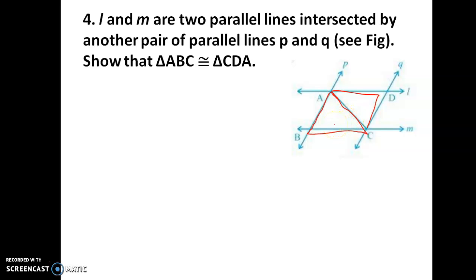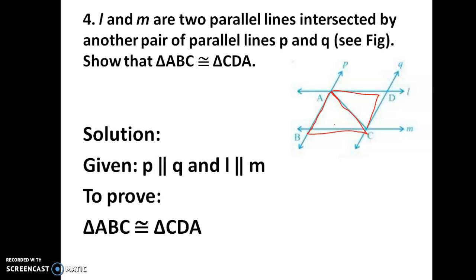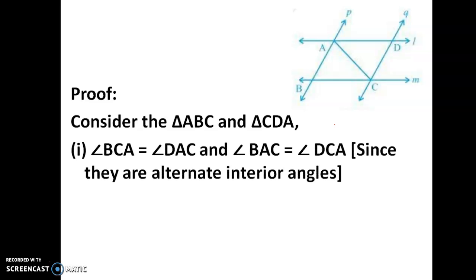Okay, so let's start. We have to write given data, which is P is parallel to Q and L is parallel to M, to prove these two triangles are congruent. So let's prove now. Consider the triangles. So in these triangles, angle BCA, that is this angle, is equal to angle DAC, this angle.